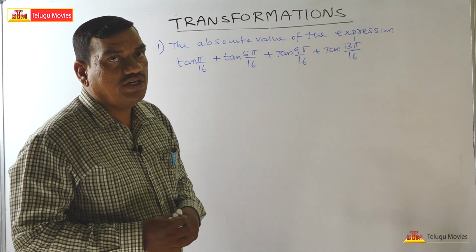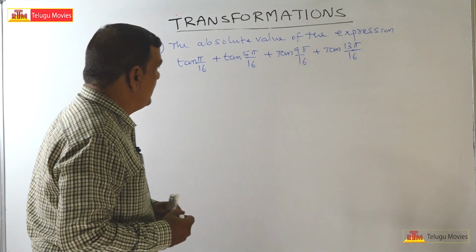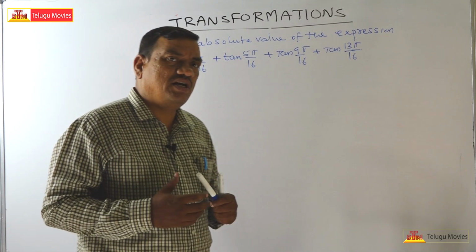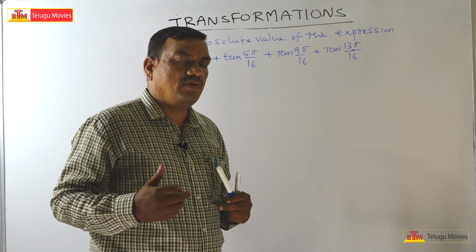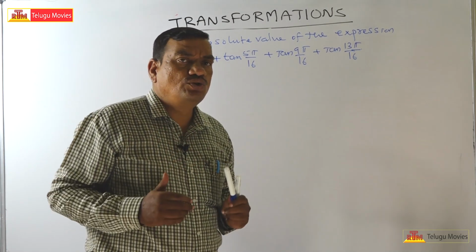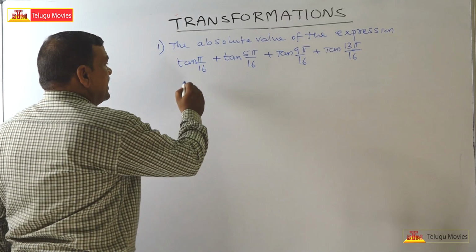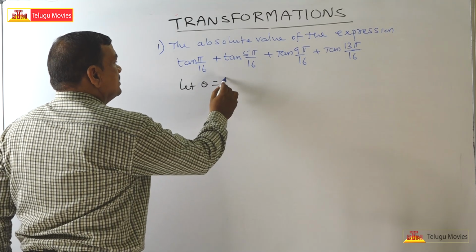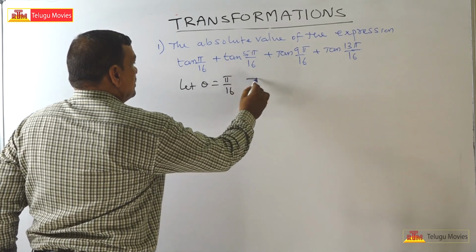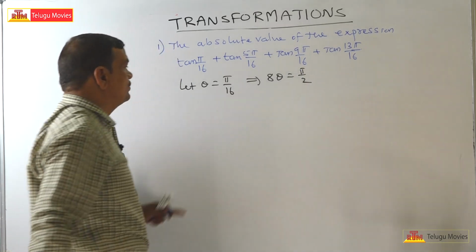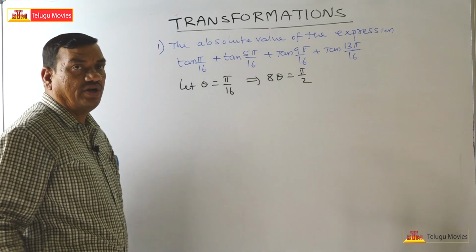Then how to proceed with this problem? Whenever pi by 16, 5 pi by 16 type of terms come, students immediately get tension. No need for tension. Let theta is equal to pi by 16. This implies 8 theta is equal to pi by 2, multiplying both sides by 8.